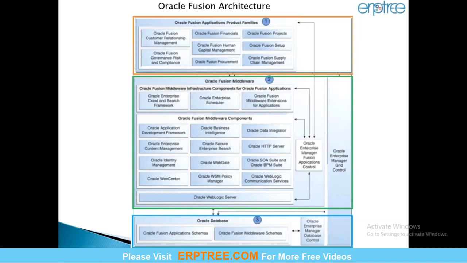One of the few things we can understand from step 2 here is Fusion Middleware, and the middleware tools. For example, we have Oracle Identity Manager, as we just discussed, Authorization Policy Manager, and BPM, the Business Process Management tool, which is again a middleware tool integrated with our applications.